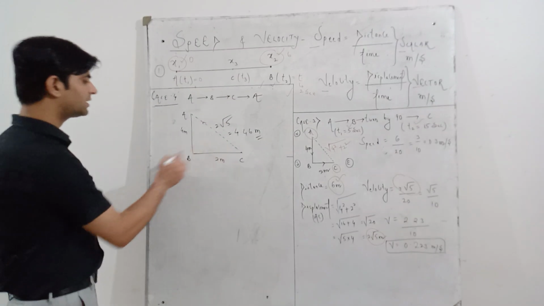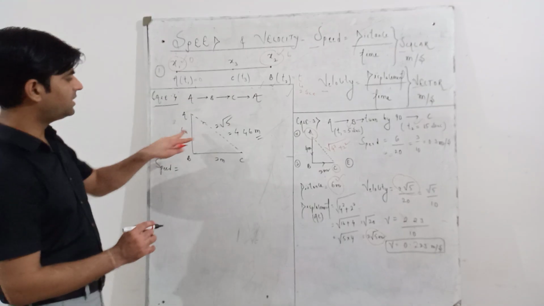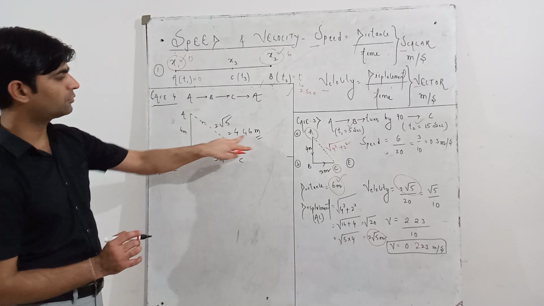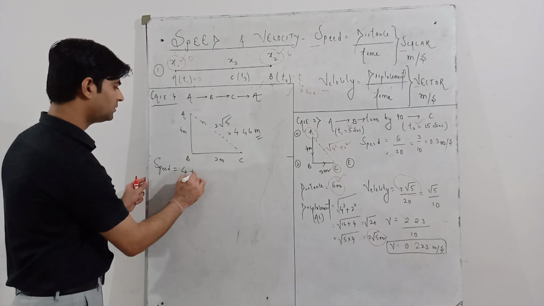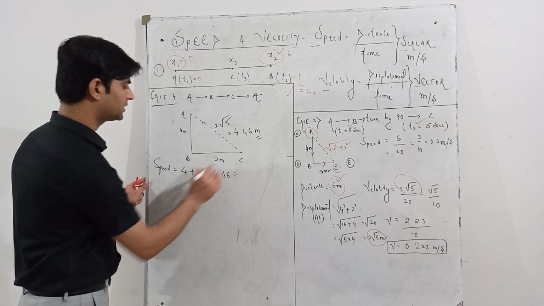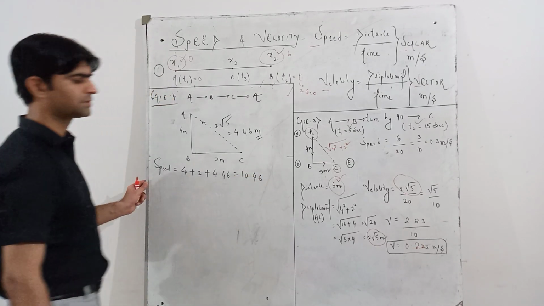Now for this particular case, if we talk about speed, A to B 4 meter, B to C 2 meter, and C to A 4.46 meter. So this total distance becomes 4 plus 2 plus 4.46, that is 10.46.